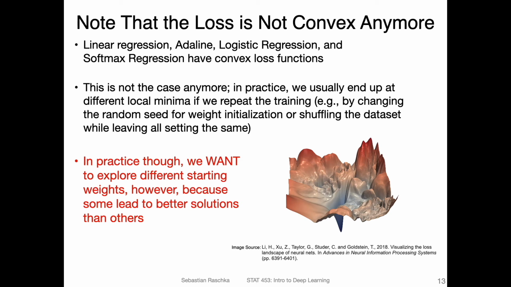Another very important point is that in a multilayer perceptron, the loss is not convex anymore. In linear regression, Adaline, logistic regression, and softmax regression, we had convex loss functions.